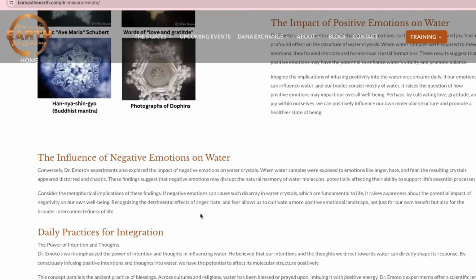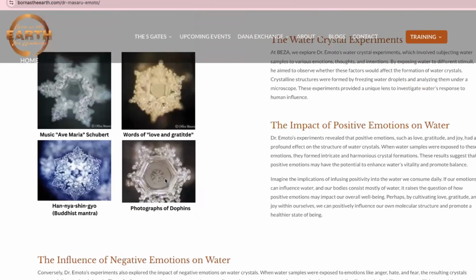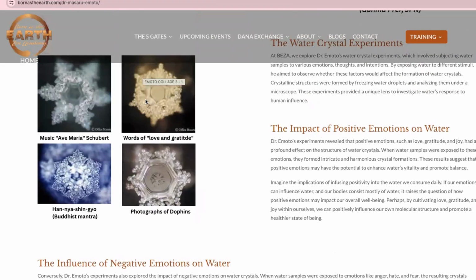Scientifically we figured out that negative emotions can cause disarray in water crystals. You can see that the shape of that water droplet at the microscopic level is very different. And if it is very positive, you are able to see a very nice crystal under the microscope.